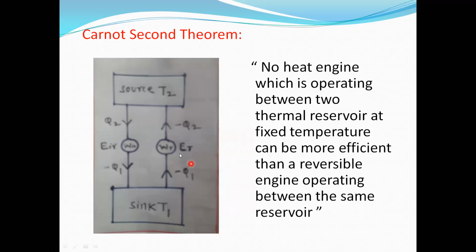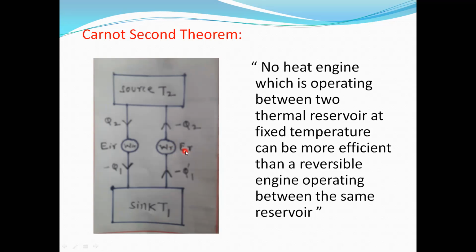See in the diagram, this is the engine ER. These are the two engines. We have considered two engines, but the condition is that one engine is reversible. यानी देखिए यहाँ पर हमने दो इंजन लिए हैं, एक इंजन रिवर्सिबल है जिसको हमने ER से डिनोट किया है.